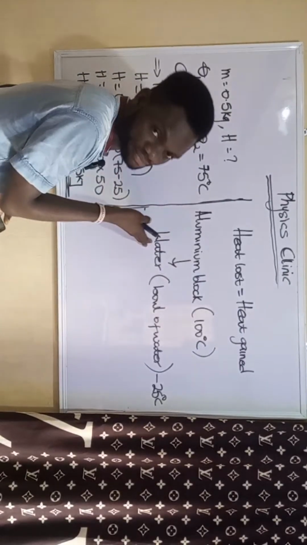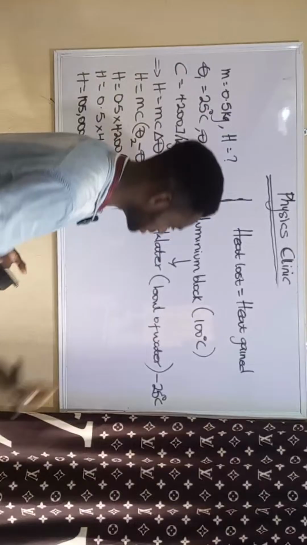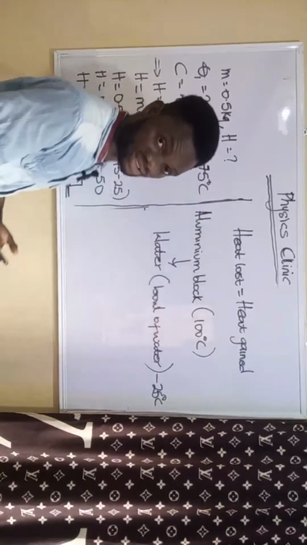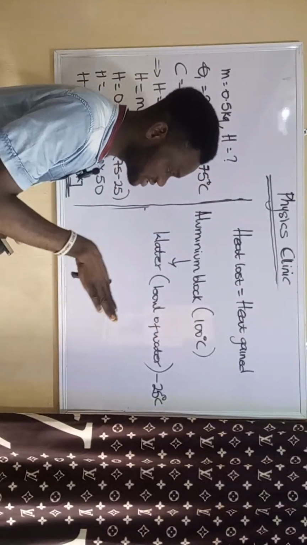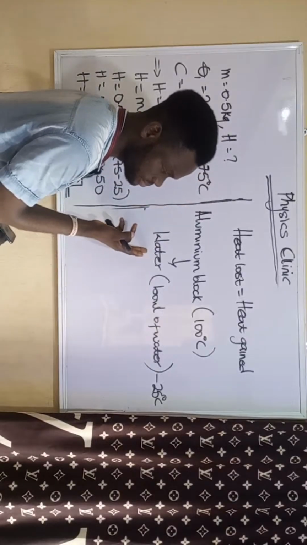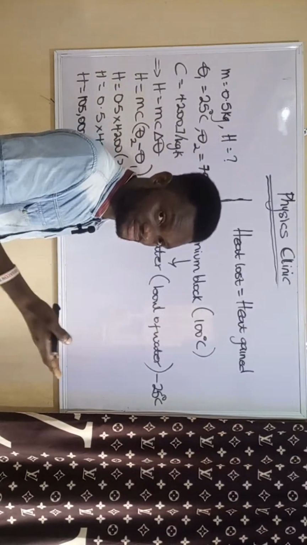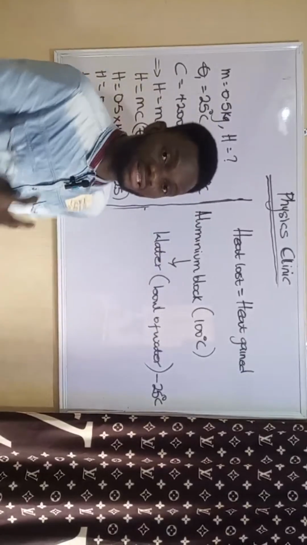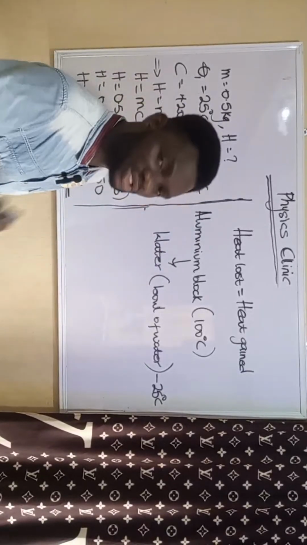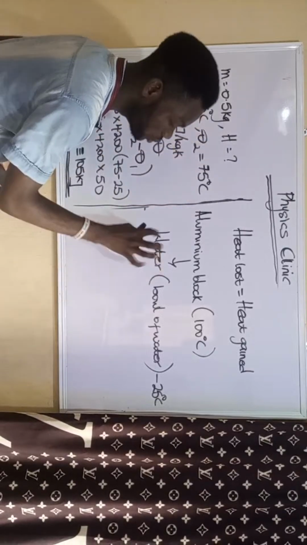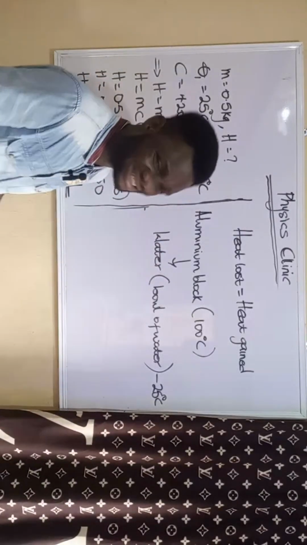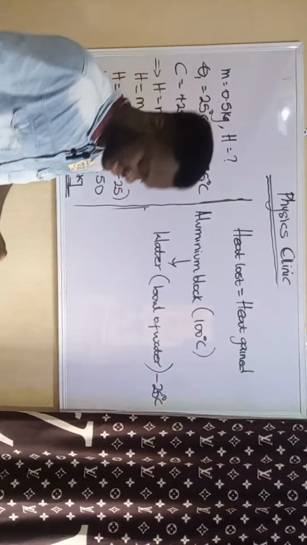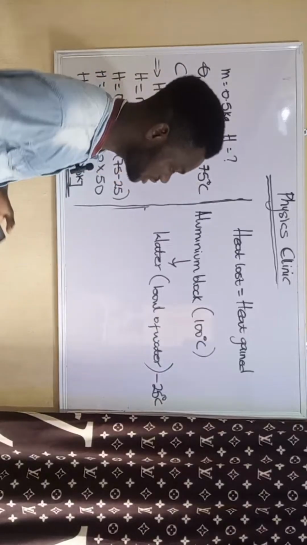to the water. As it's losing that amount of heat, its temperature is dropping, and as its temperature is dropping, the water's temperature is increasing. In this case the aluminium block is the substance that is losing heat, while the water is the substance that is gaining, receiving that amount of heat.